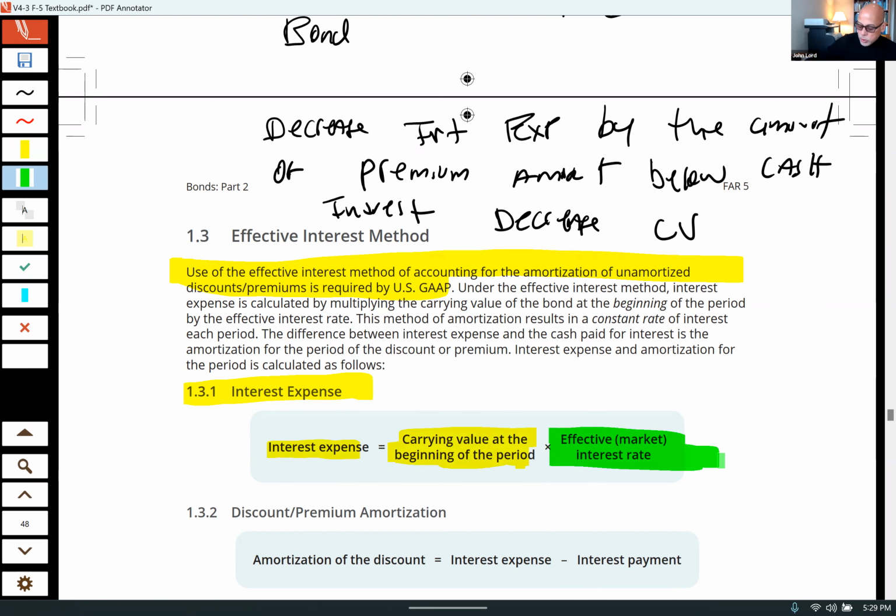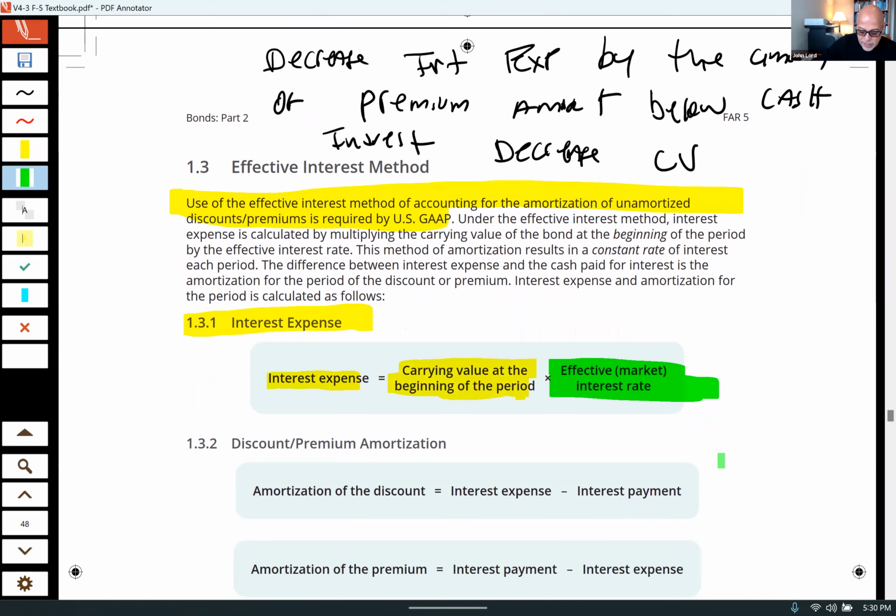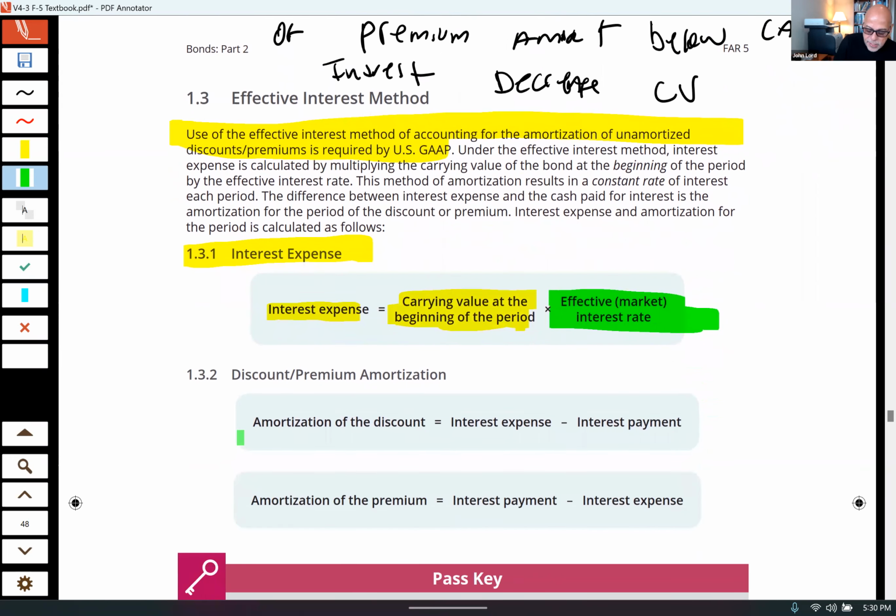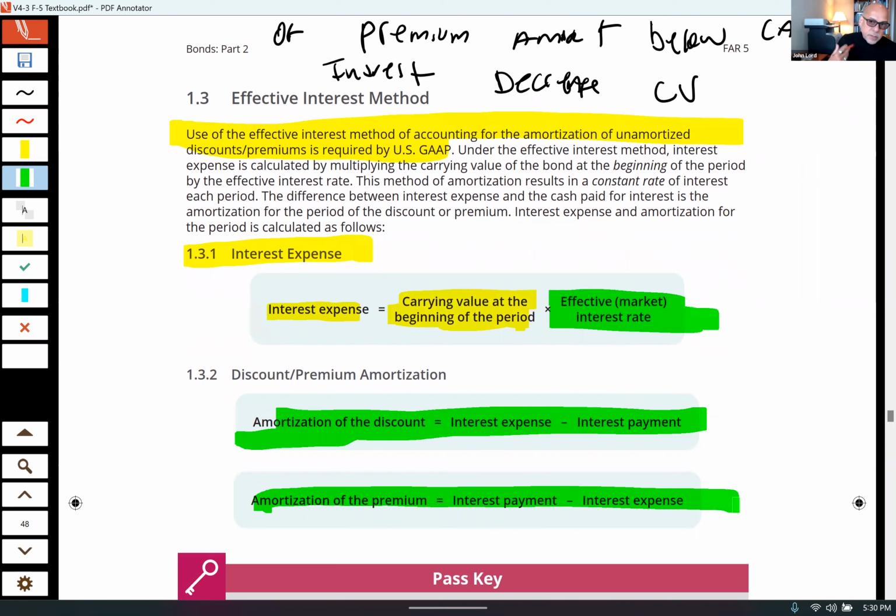That'll give you your interest expense. And then you take the difference between that interest expense and the interest payment, and that difference is going to be either, if it's a discount bond, the discount amortization, or if it's a premium bond, the premium amortization.